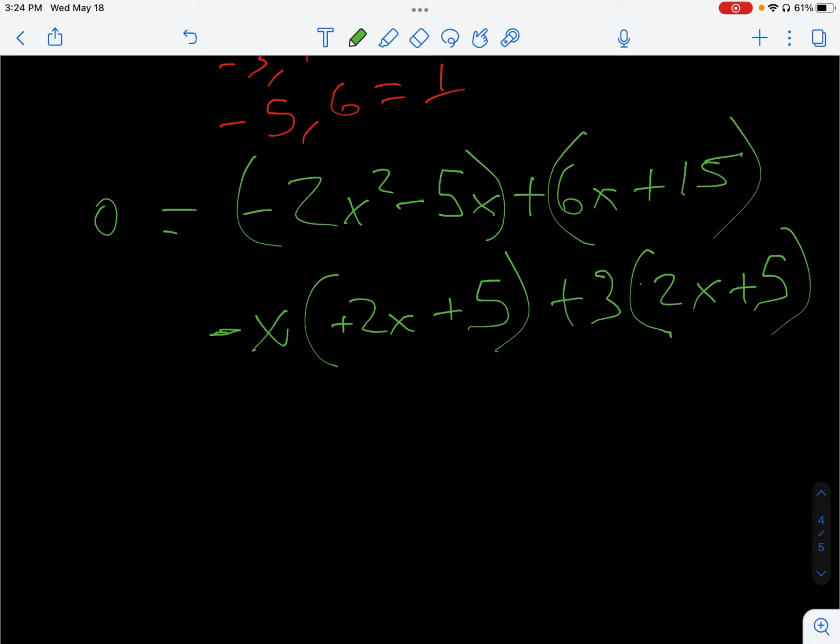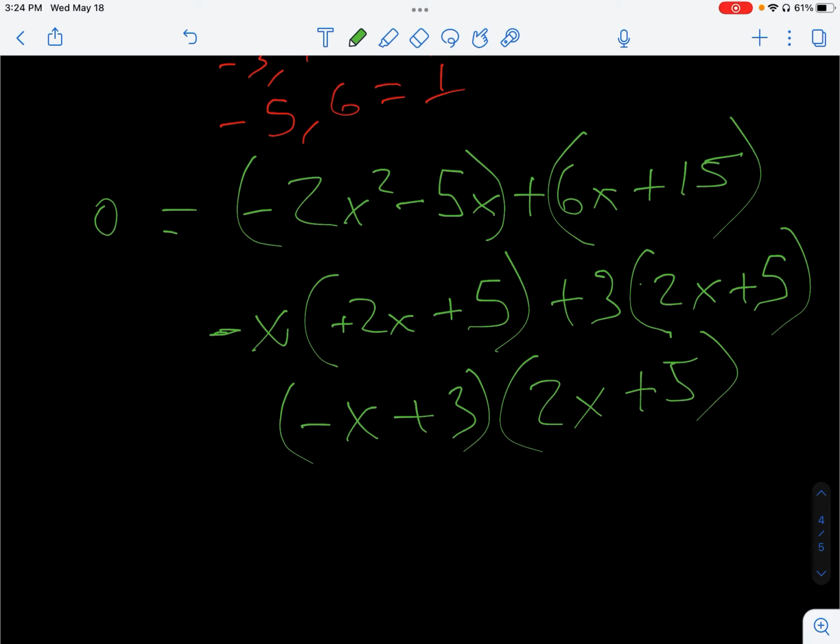Well, 2x plus 5 and 2x plus 5 are the same. So negative x times 2x plus 5 plus 3 times 2x plus 5 is the same as writing negative x plus 3 times 2x plus 5.